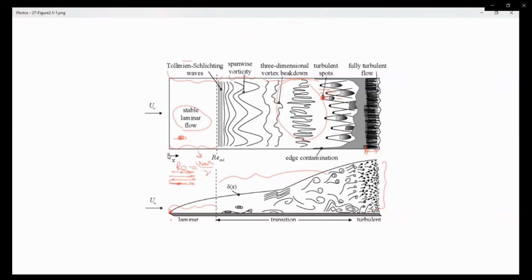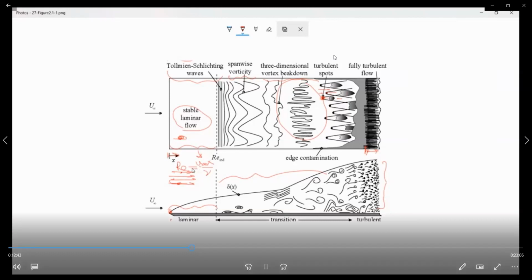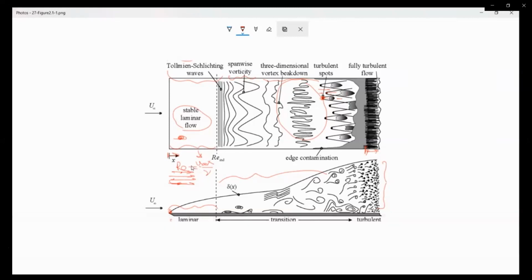If this local Reynolds number is above a certain value, a typical value is 500,000, we call it the critical Reynolds number. When it is above this value, the flow cannot stay in the stable laminar state, and we start to see Tollmien-Schlichting waves.